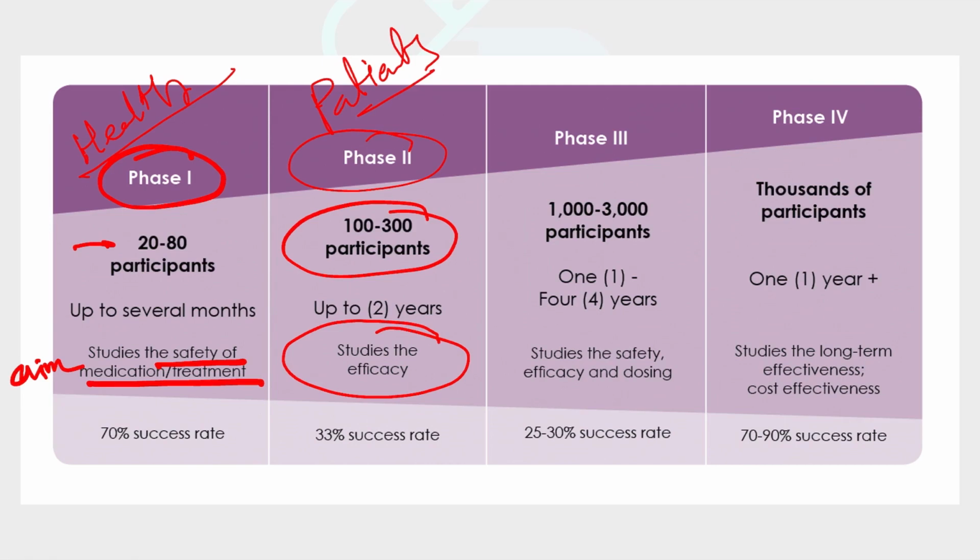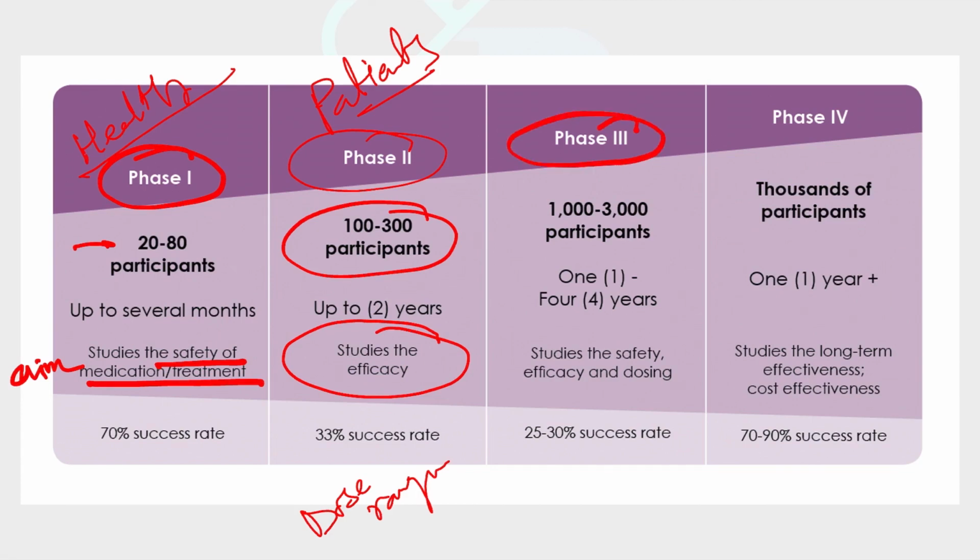We check for efficacy, and we also do some dose ranging studies, like this is the dose, this is the dose range. Below this dose range there won't be any therapeutic effect. Above this dose range there are chances of adverse drug reactions. So all these things are collected in phase 2.